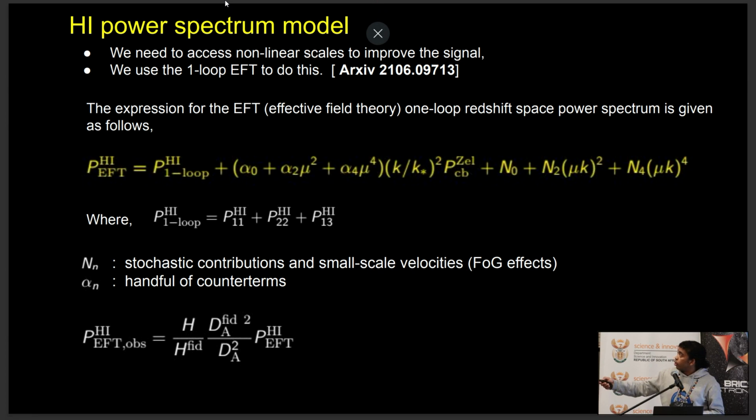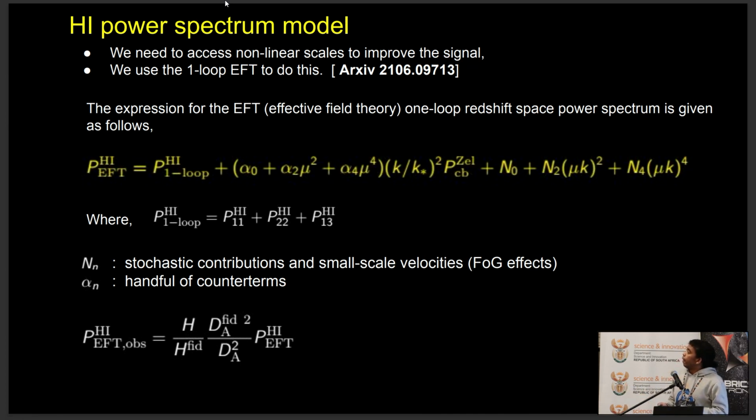Such that this Zeldovich power spectrum is the linear power spectrum, and you add some leading and next-to-leading orders, which are P22 and P13, and at tree level it is the same as this Zeldovich power spectrum.